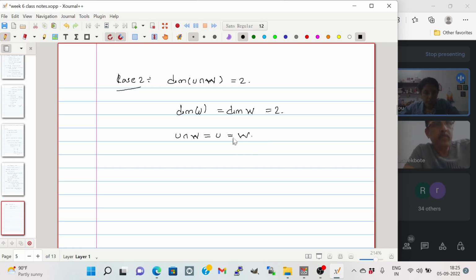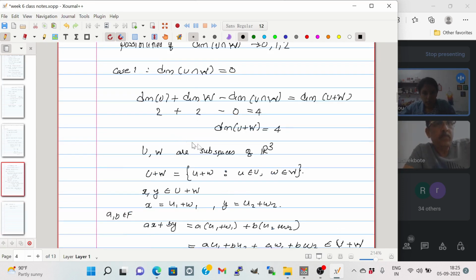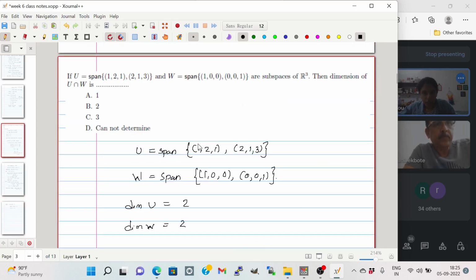But are U and W equal? See, this is our U. U is span of (1,2,1), (2,1,3), and W is span of (1,0,0), (0,0,1). Are both the same? Yeah, this basis is different also.